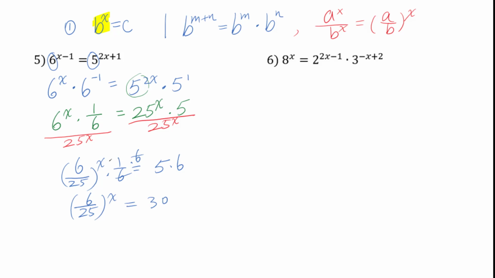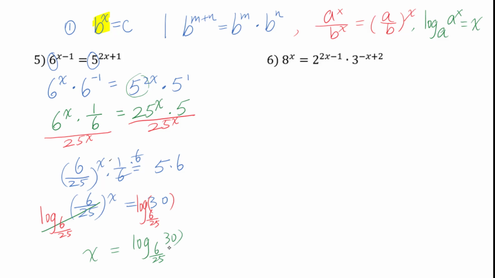This time we will take log base 6 over 25 on both sides. Use this formula: log base a of a to the x power equals x. We will get x equals log base 6 over 25 of 30.